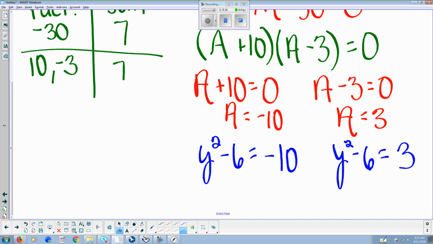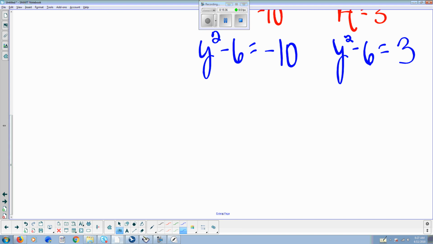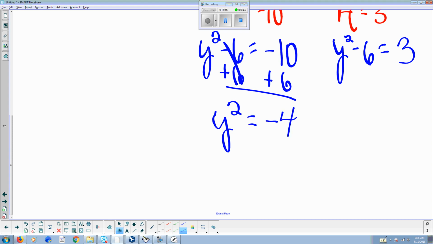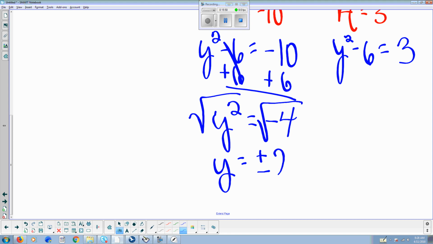Now solving the first quadratic, I'm going to add a 6 on both sides, and I get y squared is equal to negative 4. And then I'll take the square root of both sides. So y would equal plus or minus what? 2i.